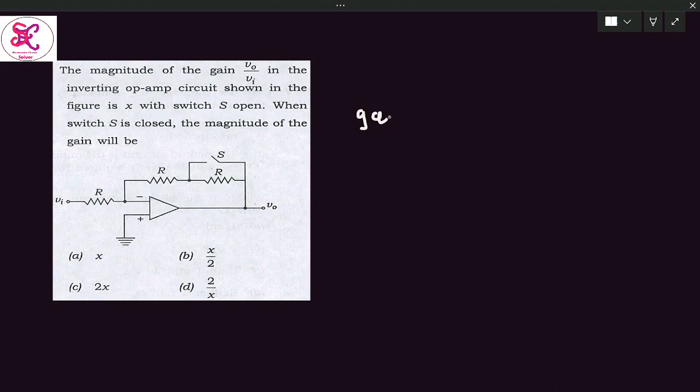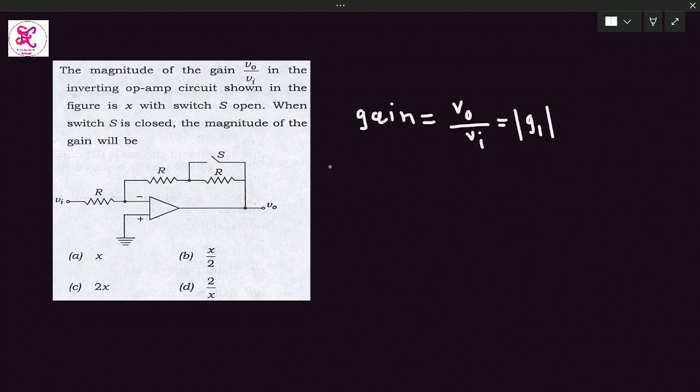So we know that gain is equal to output voltage by input voltage, and if you say magnitude, you can take the mod of the gain. Assume this is G1, the gain when the switch is open. In this schematic, if the switch is open, in the feedback circuit there are two resistors which are in series form.